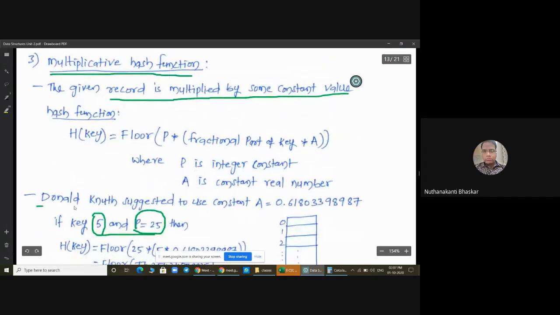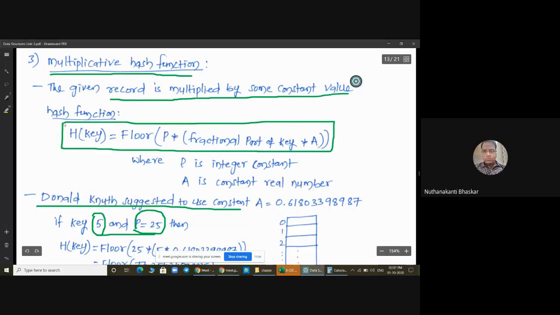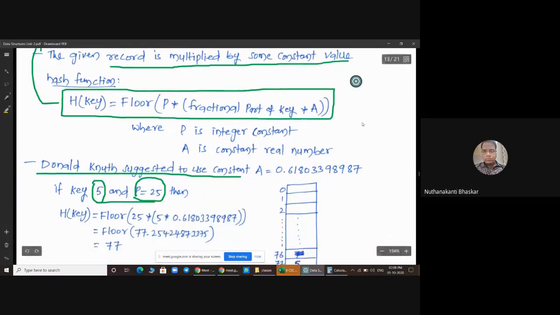That's why Donald Knuth suggested one mechanism. If you consider this hash function for multiplicative hash function implementation, your hashing technique is going to provide 99% without collision.